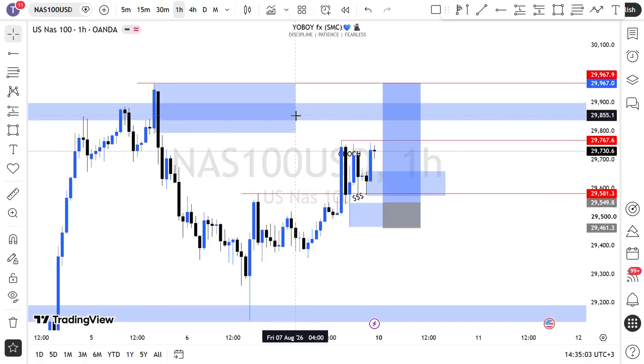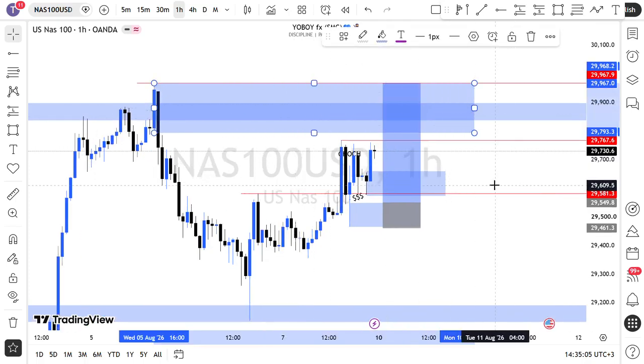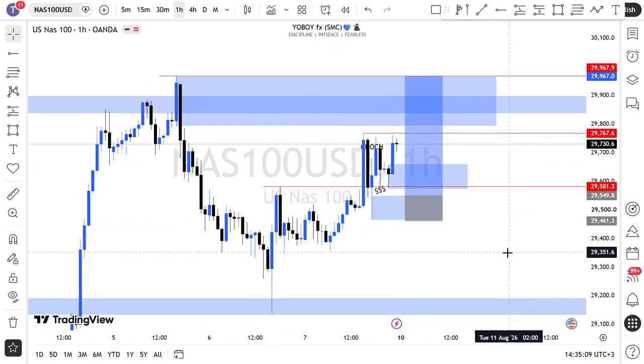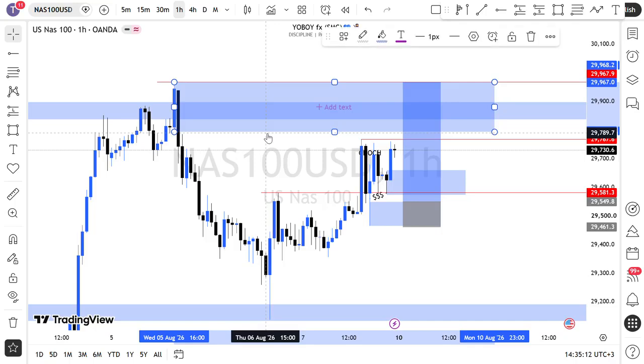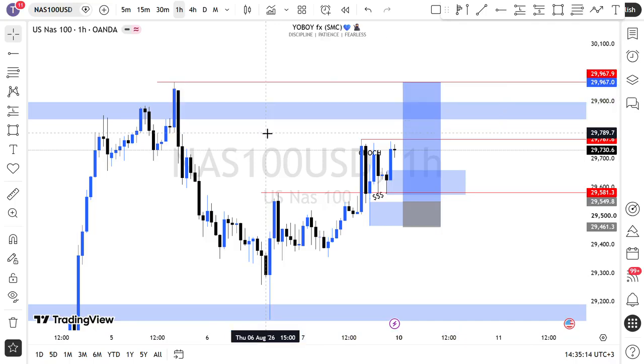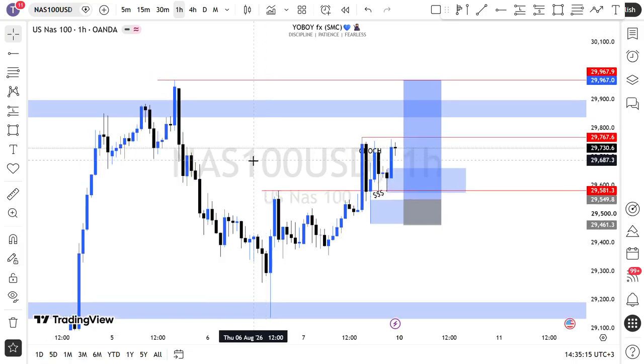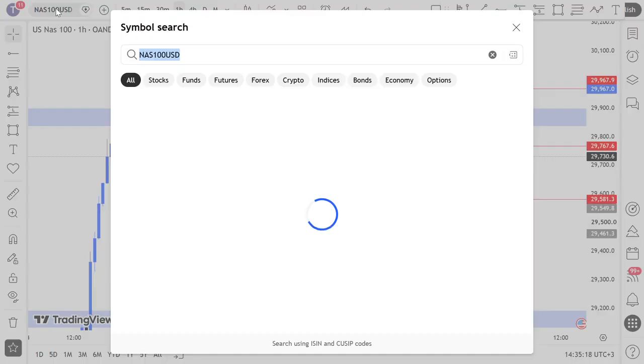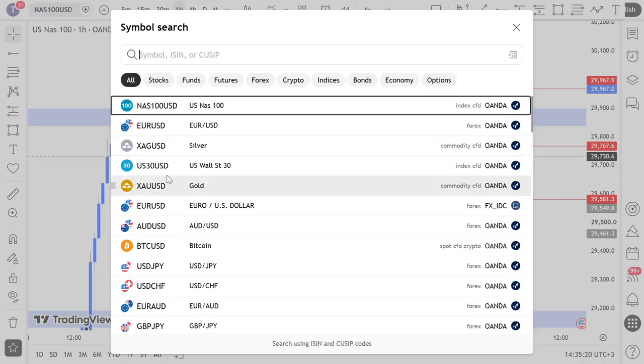That is if the market is going to respect that support and resistance once again. So that is why it is always advisable to try and adjust. If the market goes against us, we just adjust, and then we look for any opportunity that the market is going to give us.